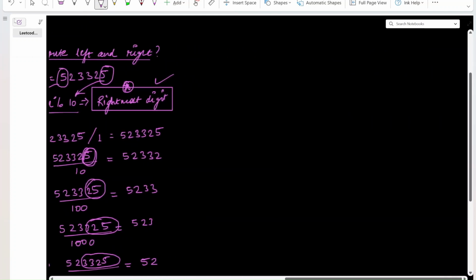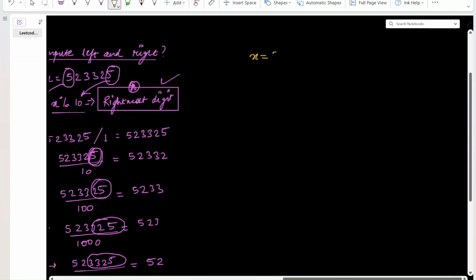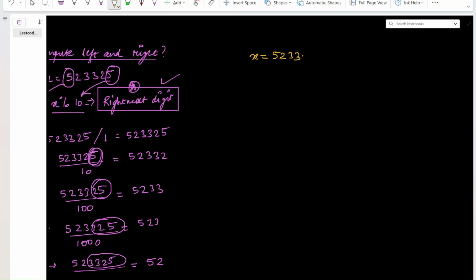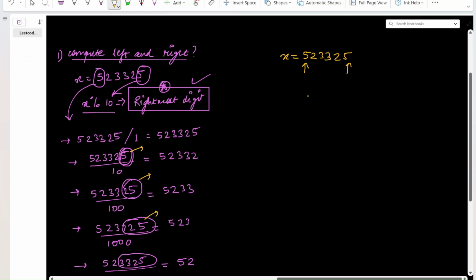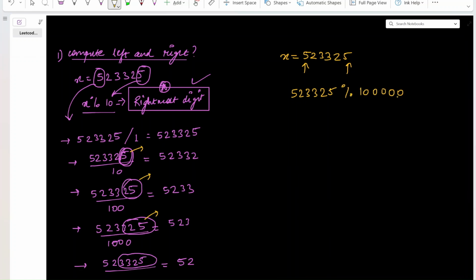So let's again start with the same example. My x was 523325, and now my aim is to remove this and this. If you think about it, what I can do is, if I do 523325 percent 100000, then I would get this part, 23325. So we have now removed the leftmost digit.